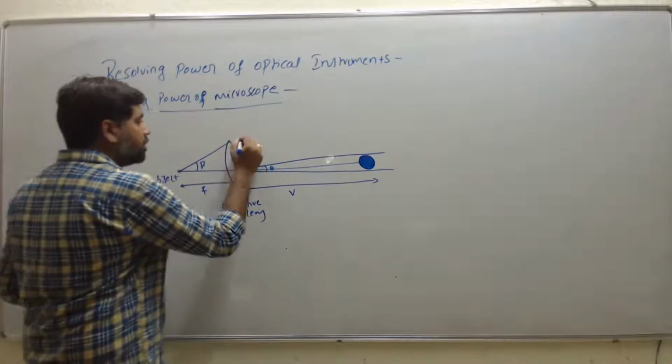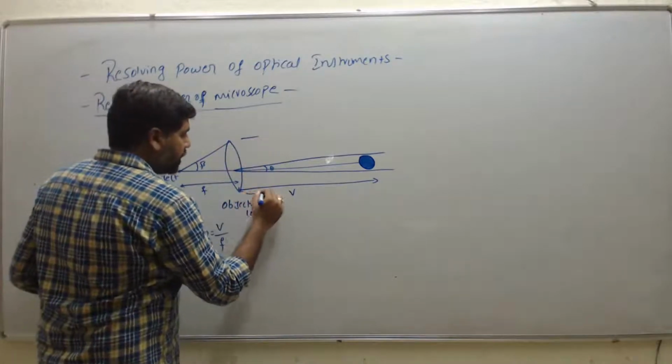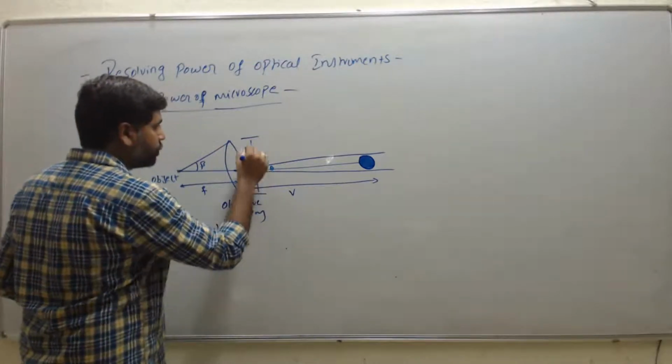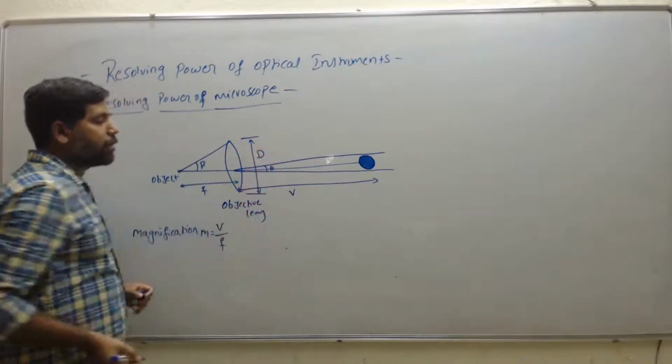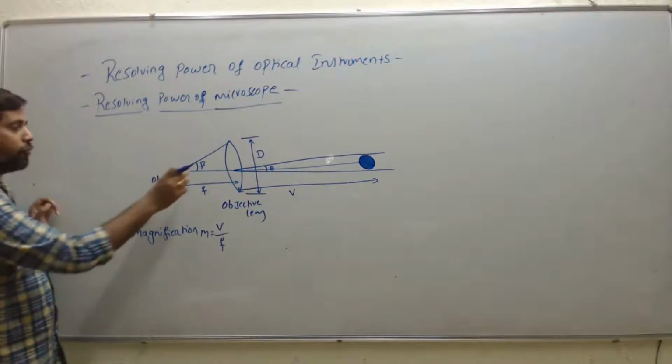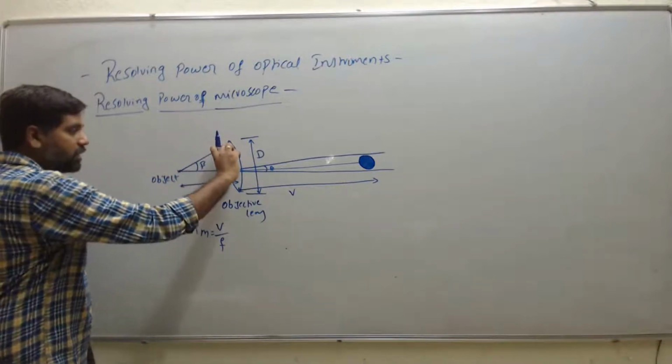Right. So next, the aperture or the diameter of the lens can be taken as capital D. So from here, this distance is D by 2.